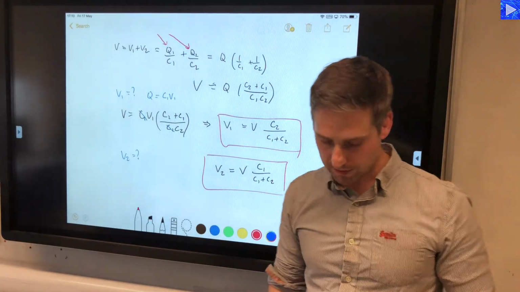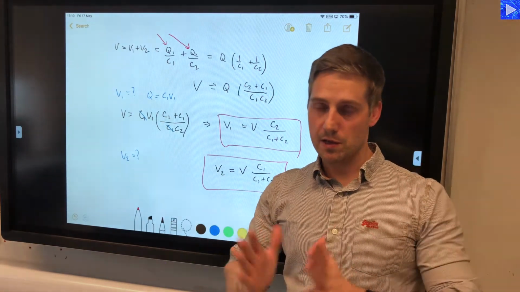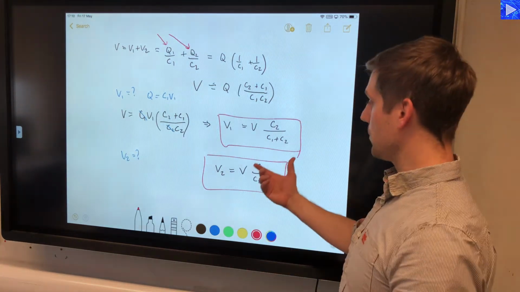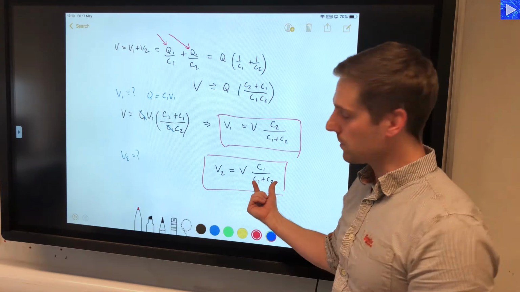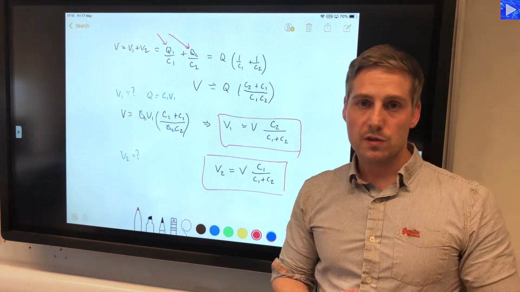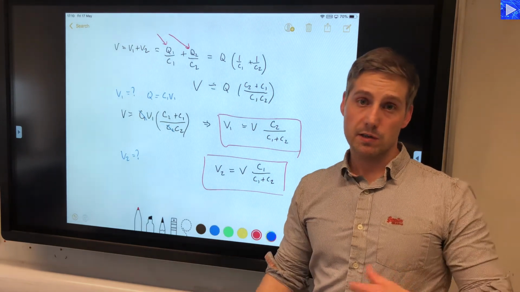I shouldn't say total capacitance. It's the sum of the capacitances, because capacitors in series, of course, you sum the reciprocals and take the reciprocal. So my apologies for saying total. What I meant was the sum of the capacitances. So that's your two expressions if you want to determine the potential difference across one capacitor in series with another.